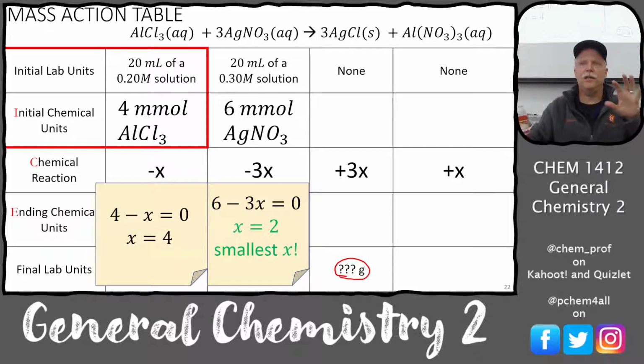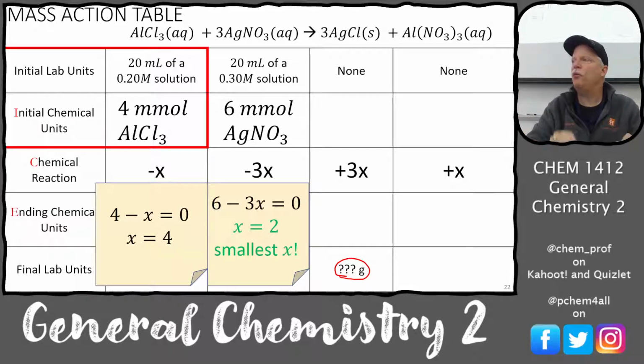I'll pause there in case you have questions. Does that always work? Mm-hmm. Every time. And it works for kinetics too. As we bring X from 0 up, we can see how everything on the table changes.